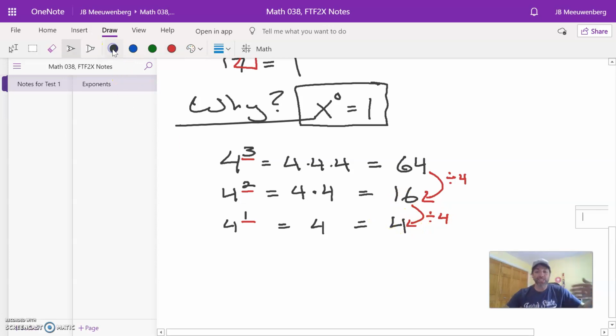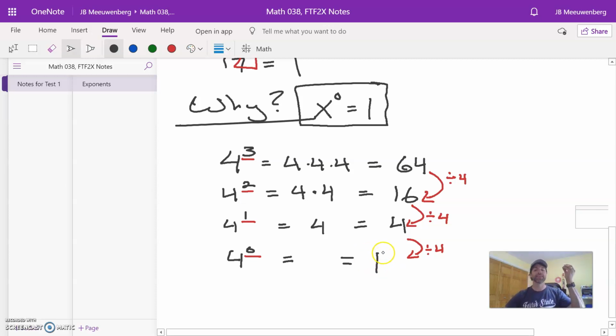So let's examine this pattern and go one more spot. 4 to the 0 is equal to, well, continue the pattern. We reduced our exponent by 1. So we take this number here, divide it by 4 again, remove another factor of 4. And what are you left with if you divide 4 by 4? 1.